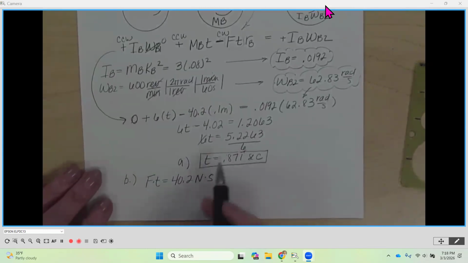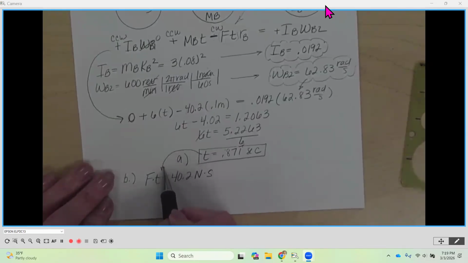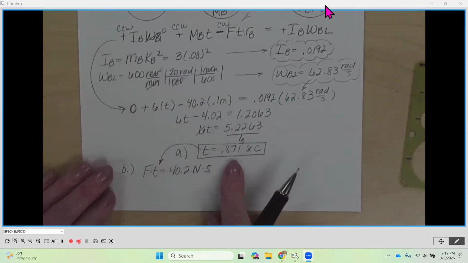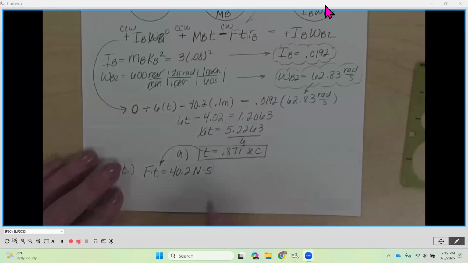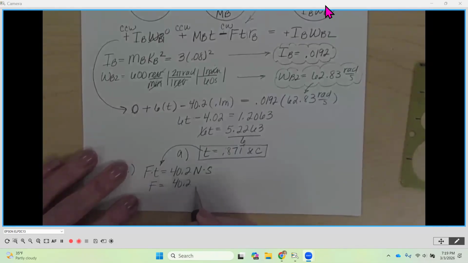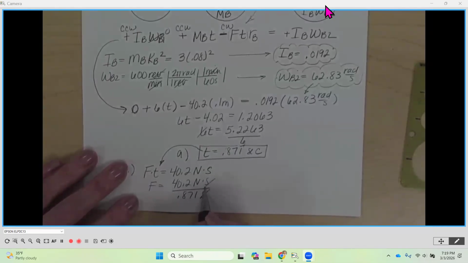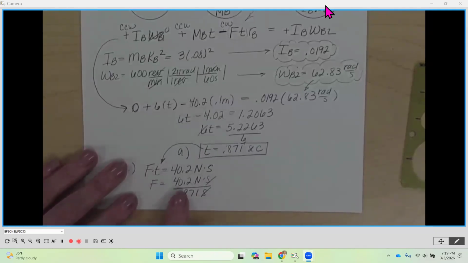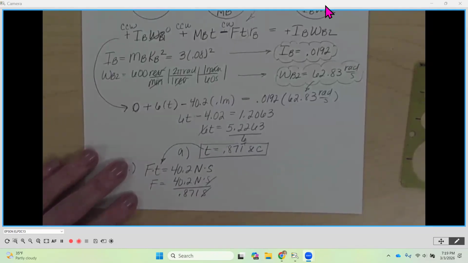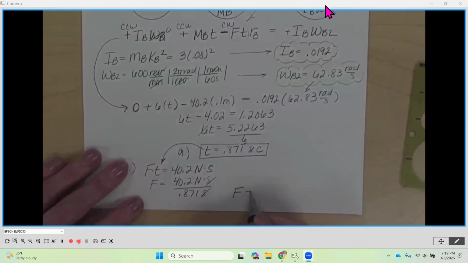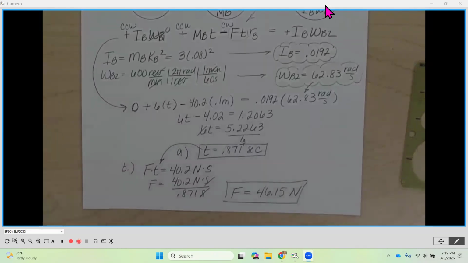And now we know the T is equal to 0.871 seconds. Okay. So then we can say F is equal to 40.2 Newton seconds divided by 0.871 seconds, right? Because our time divides on both sides. So our F is equal to 46.15 newtons.